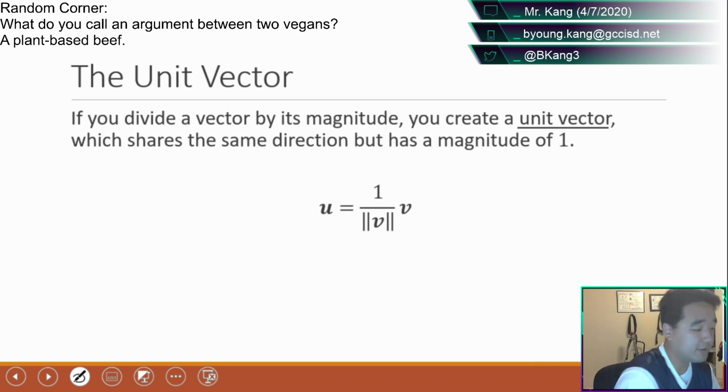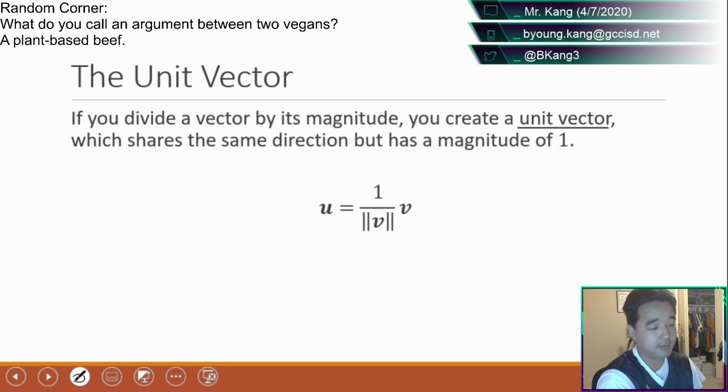Okay, the unit vector. Sometimes you don't care about the magnitude of a vector, you only care about what direction it's facing. So you kind of want to standardize something to where it only has a magnitude of 1. For instance, if you have something with a magnitude of 11, you could just divide it by 11, right? Multiply by a scalar of 1/11th, and you end up changing it to a magnitude of 1.